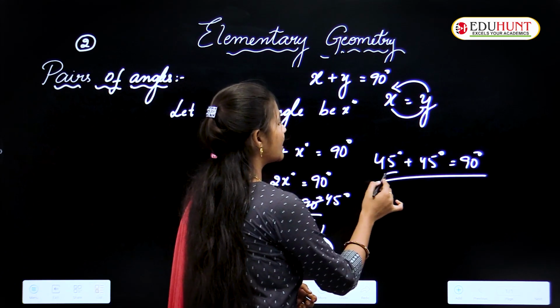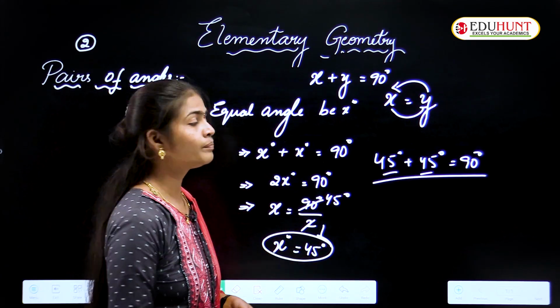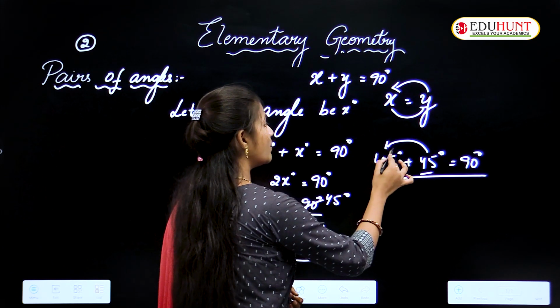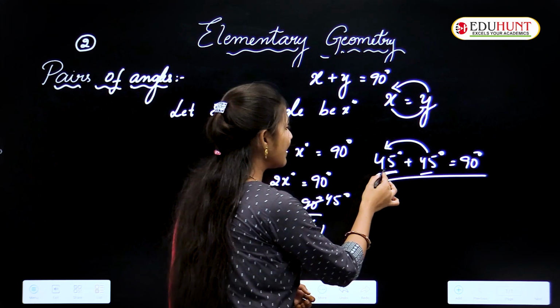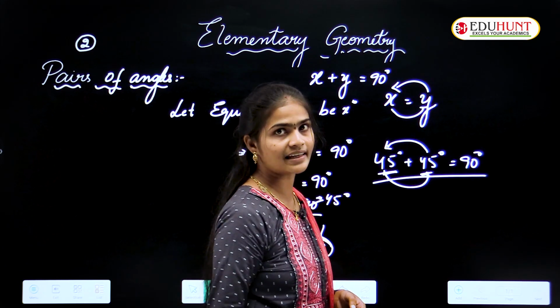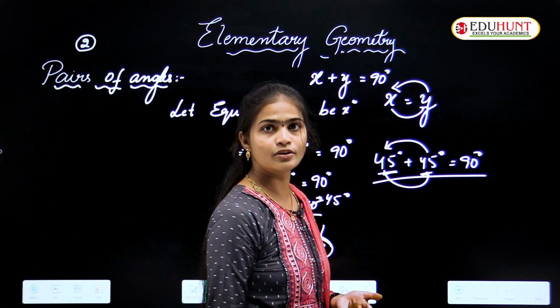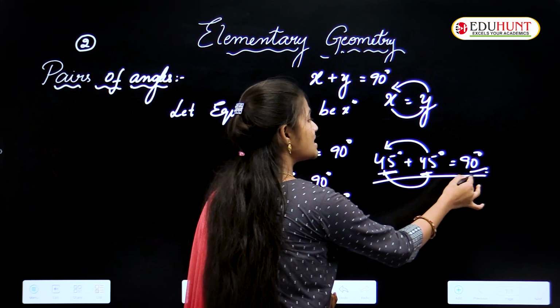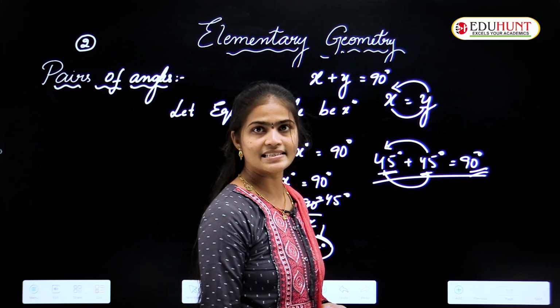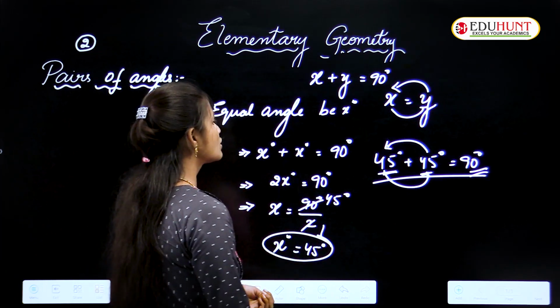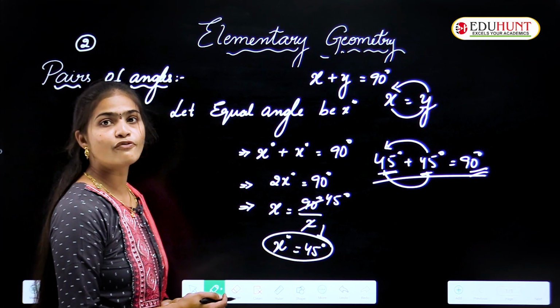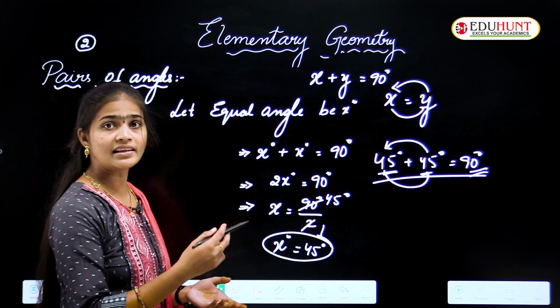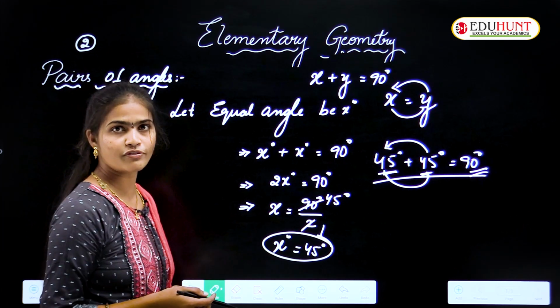Yes, 45 degrees and 45 degrees, both are equal. And 45 degrees is the complement of the first 45 degrees, and this is the complement of that second angle. How can we say that those two are complements? Because their sum is equal to 90 degrees. Yes or no? Yes. So the angles are 45 degrees and 45 degrees.